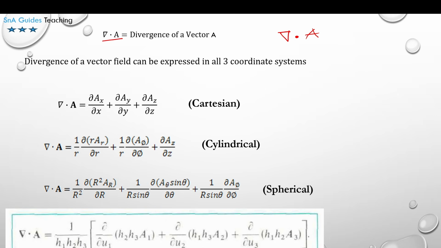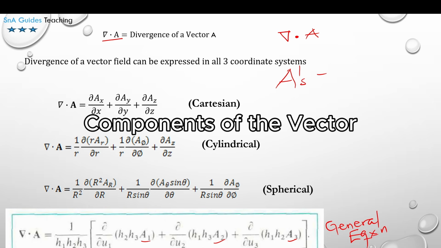Now, instead of learning the divergence equation for all three coordinate systems, you can choose to rather master the general equation here and do the right substitution as to where and when it's needed. Okay, so the A's here, A1, A2, A3. Now the A's are the components of the vector field.